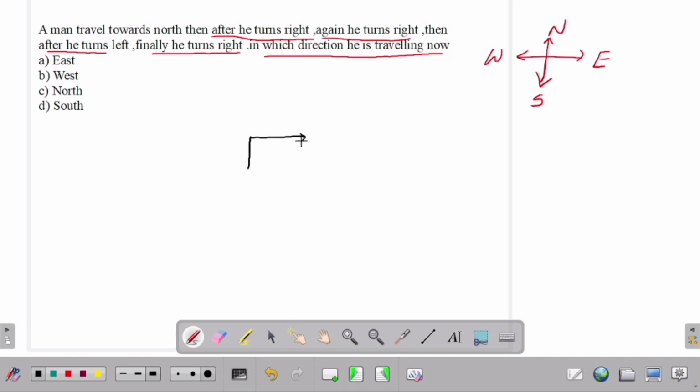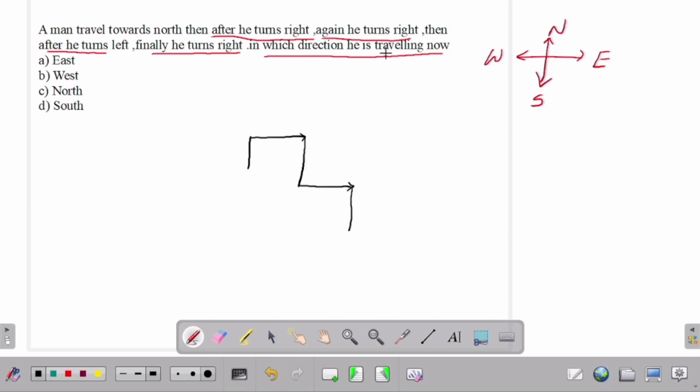Then he turns left. Finally he turns right. So this is my right.